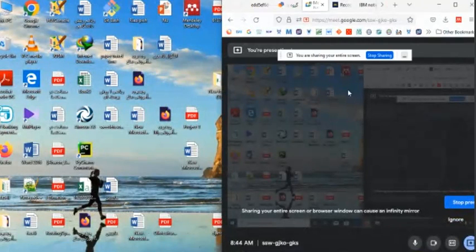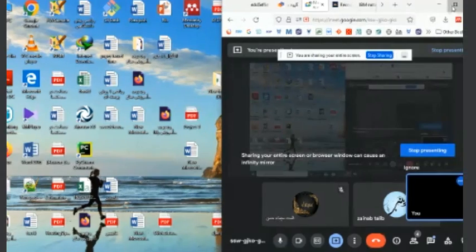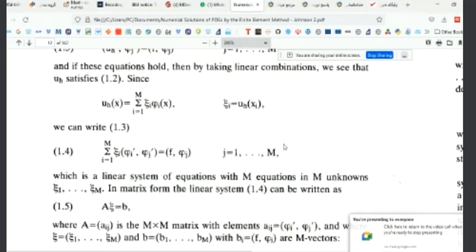In the next meeting, we will continue that. We will discuss this type of approach towards the ordinary differential equation. It is not very time consuming.